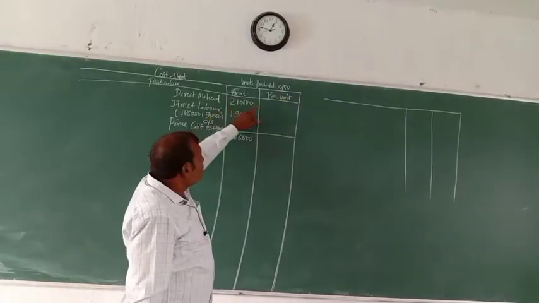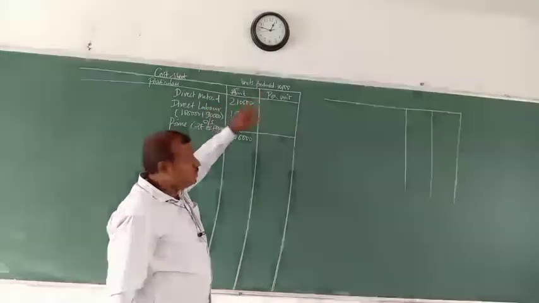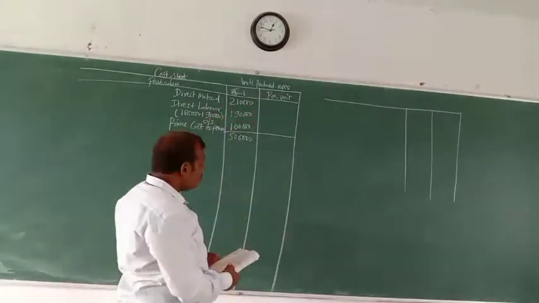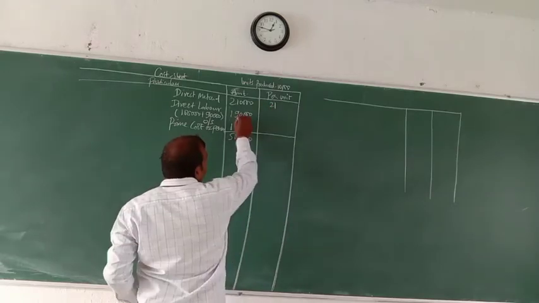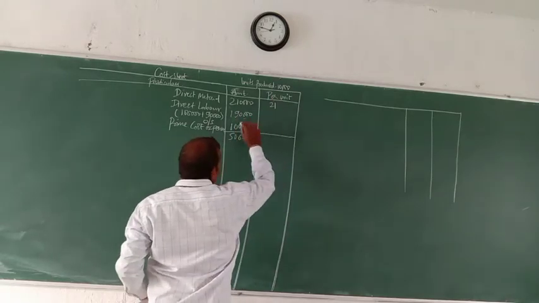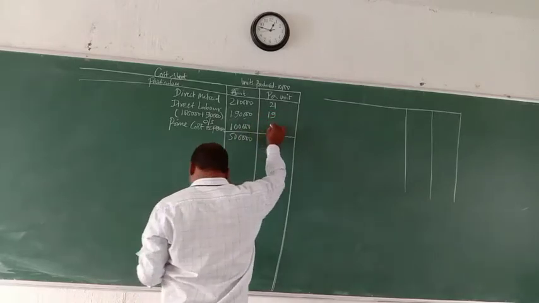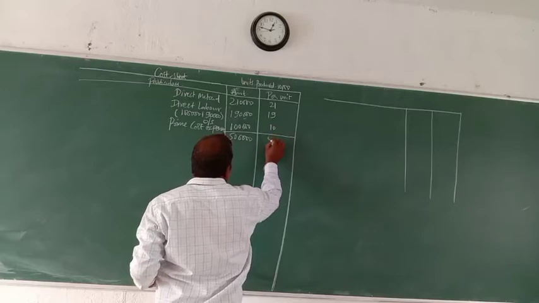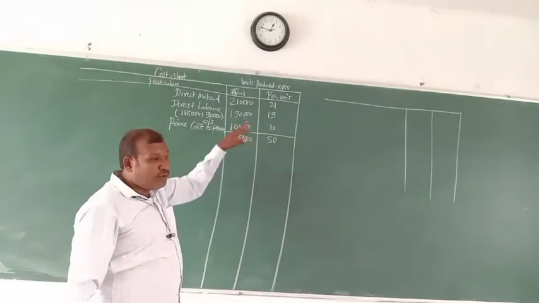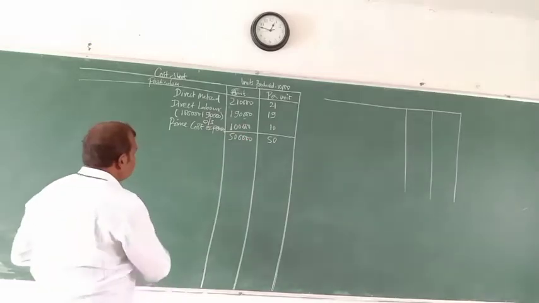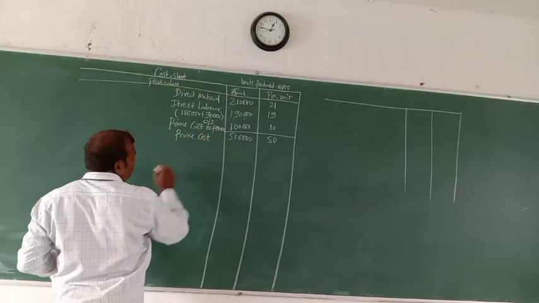So for each unit, per unit is required, meaning amount divided by units. 2,10,000 divided by 10,000 will get 21. 1,90,000 divided by 10,000 will get 19. 1 lakh divided by 10,000 will get 10. Total 50. Like that, per unit should be calculated for each expense. For this, we have to write as prime cost.